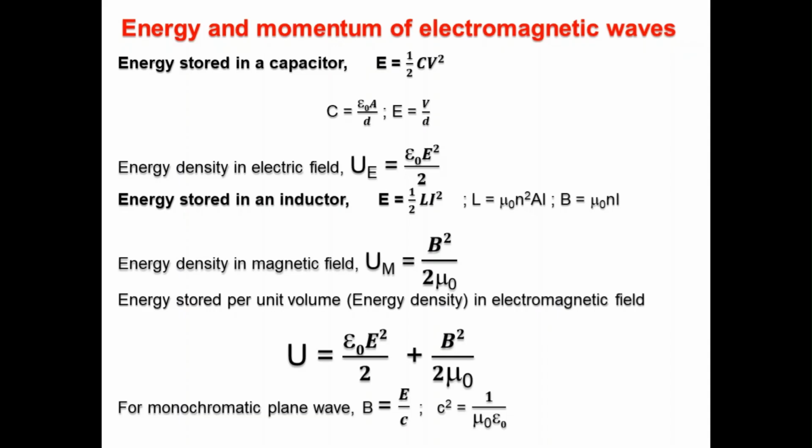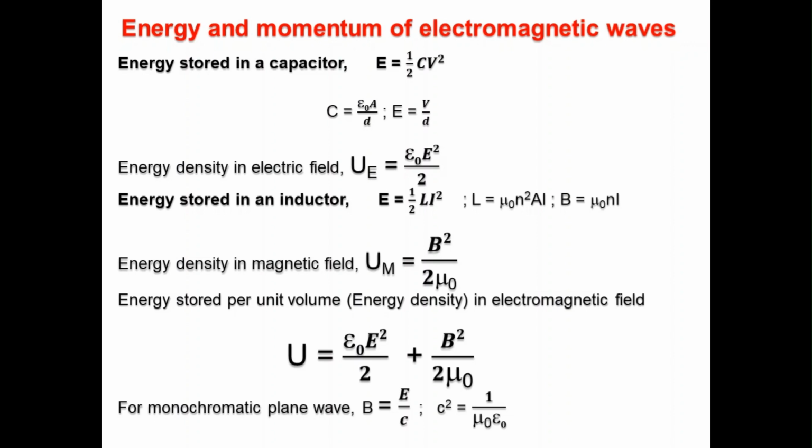So now we will get B square upon 2 mu naught. If anyone is facing a problem here, how we got this: I just substituted into half Li square the values of L and i, and we get this.